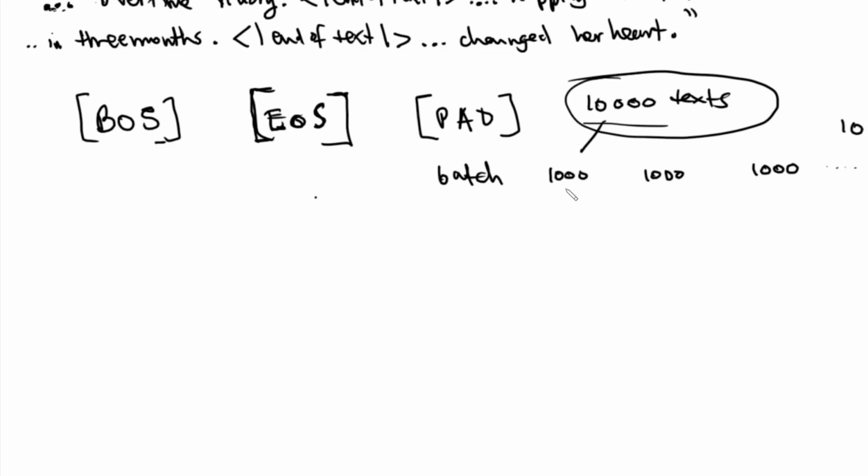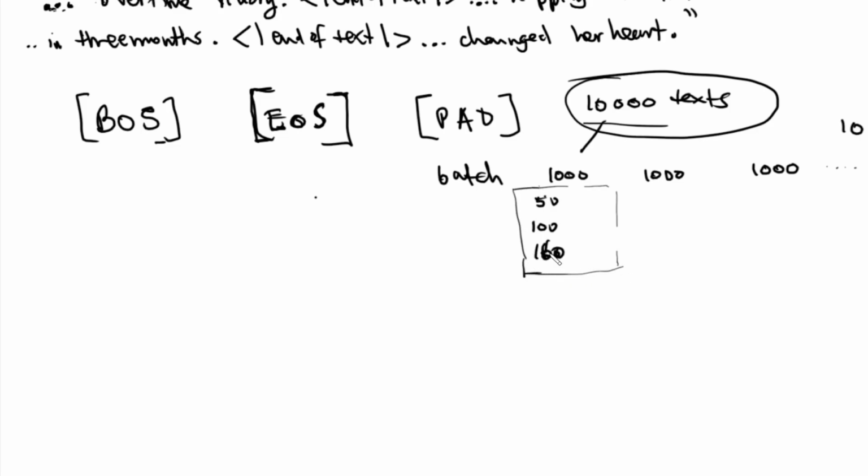But inside each batch, because the texts could have different lengths, imagine there are tweets. You have 1,000 tweets. Some tweets are going to be 50 characters long, some 100 characters, some 160, and all of that. The use for padding is to say, okay, for me to really deal properly with these texts, I need them to be rectangular.